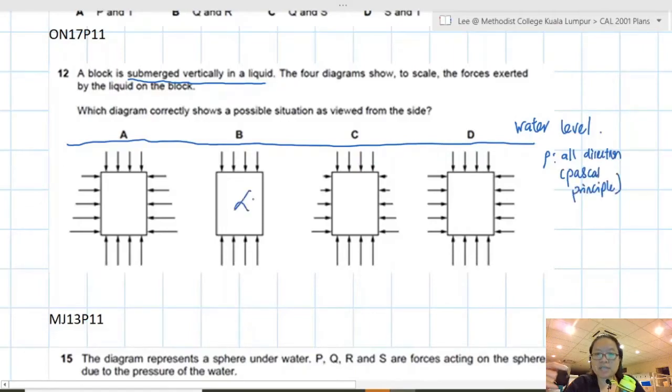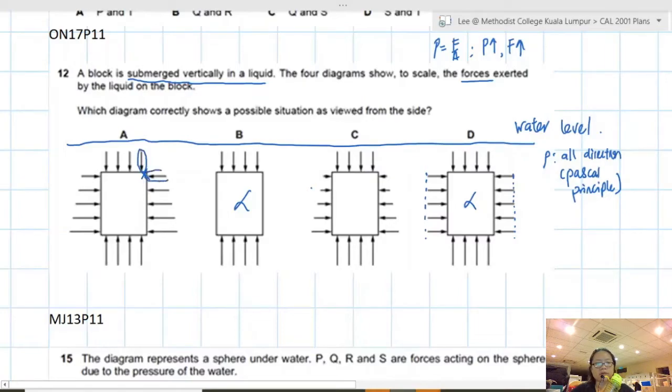And from Pascal's principle, pressure should act in all directions. That's why B is out. The side no pressure? Not supposed to be, right? The side will always have pressure. So D is also out because the pressure is the same at the side. Where can? So cannot.